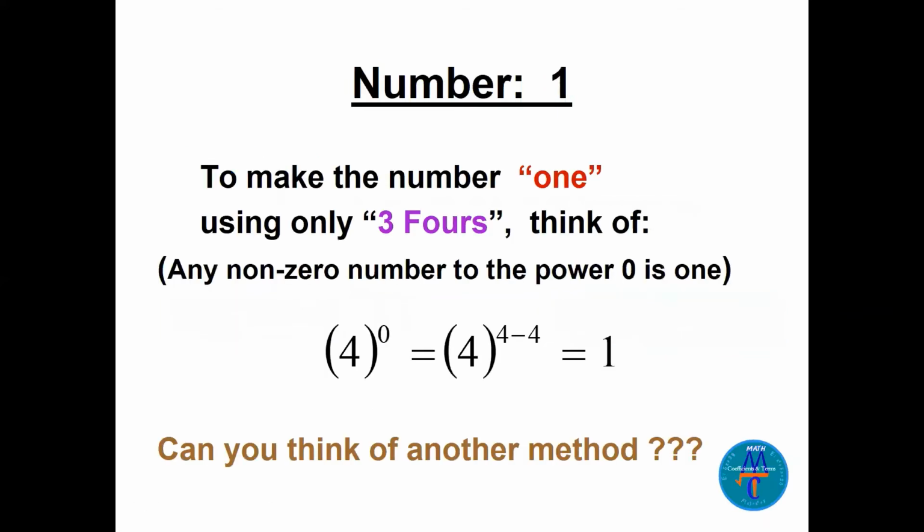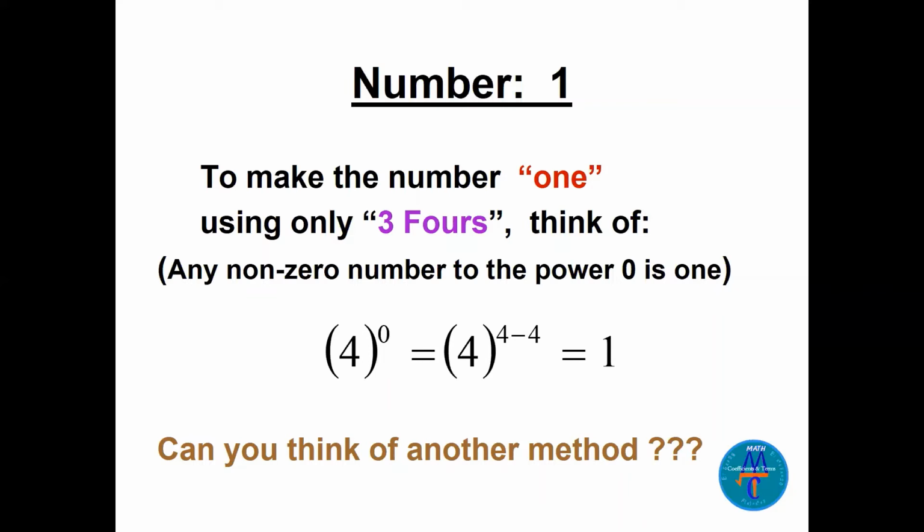Now let's see. More interesting. Number 1. To make the number 1 using only 3 4s, let's think of any non-zero number to the power 0 is 1. Like 4. 4 power 0, because we have only 3 4s we can use.